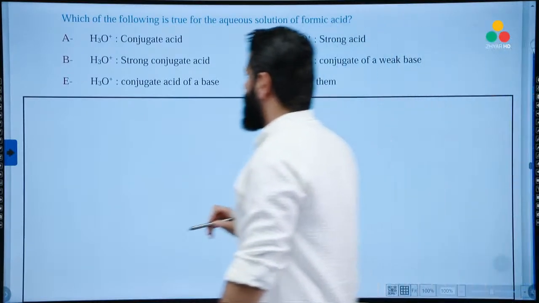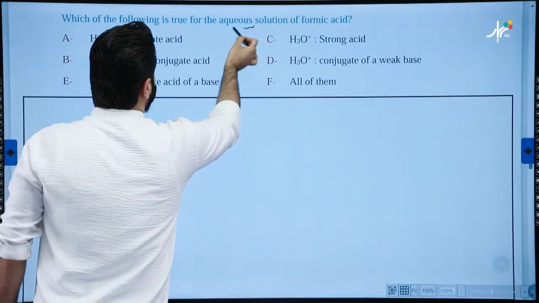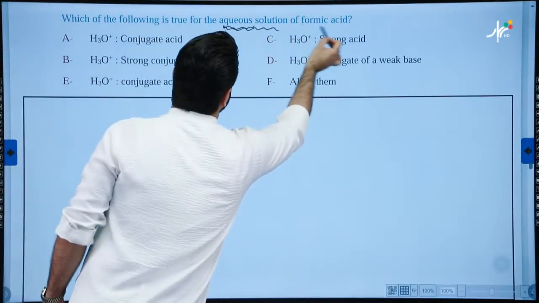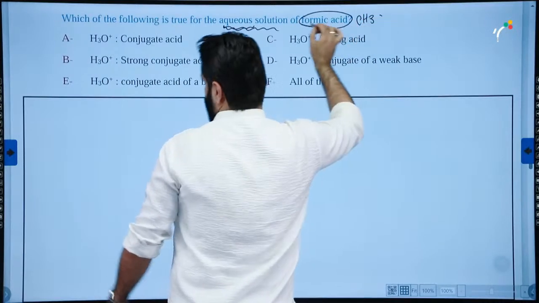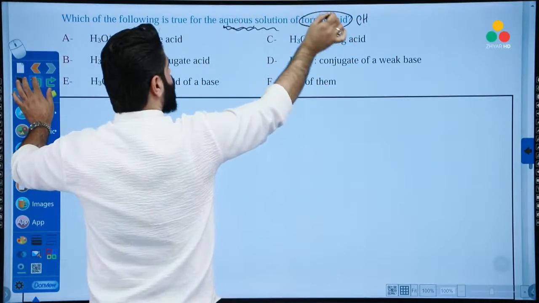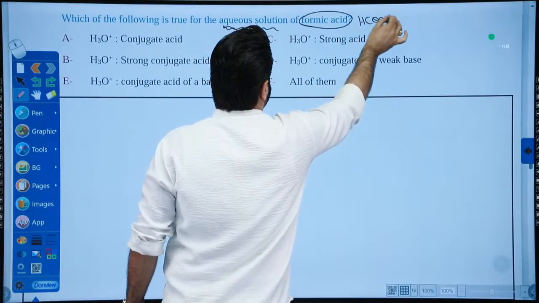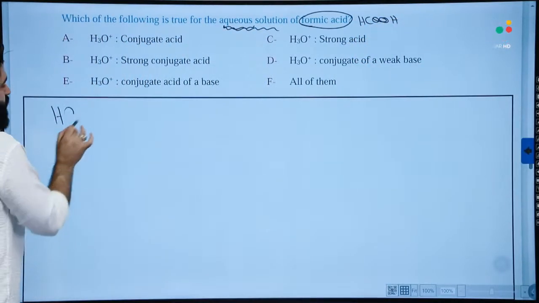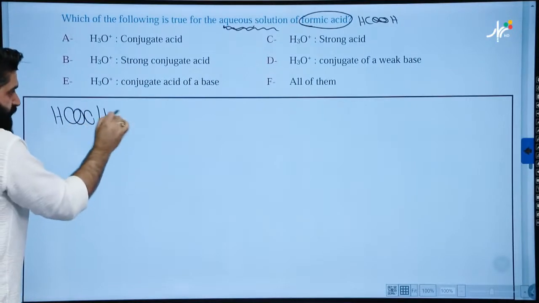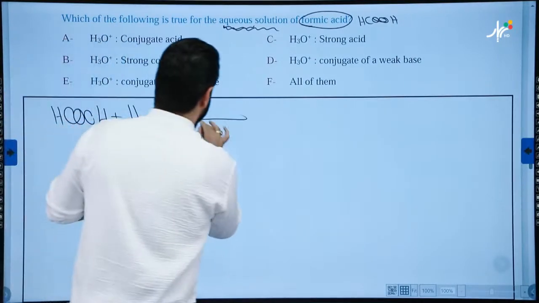Which of the following is true for the aqueous solution of formic acid? What is formic acid? Formic acid is HCOOH. This is formic acid. Be careful, my dear. HCOOH plus H2O. This is a weak acid, of course.